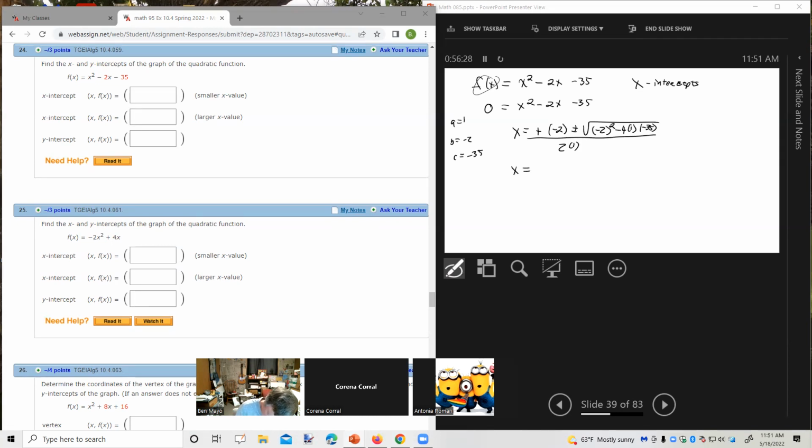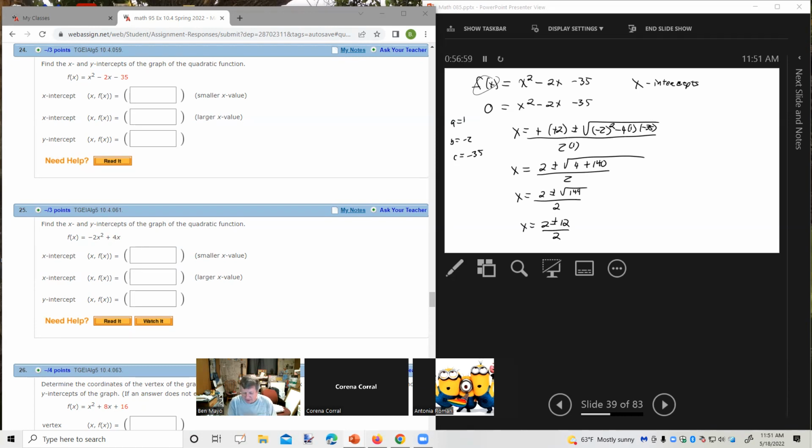X equals 2 plus or minus the square root of 4 plus 140. -4 times 1 is -4, times -35 is +140, all over 2. X equals 2 plus or minus the square root of 144 all over 2. The square root of 144 is 12.